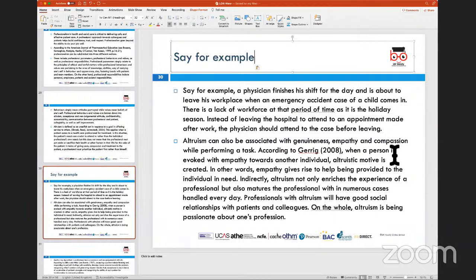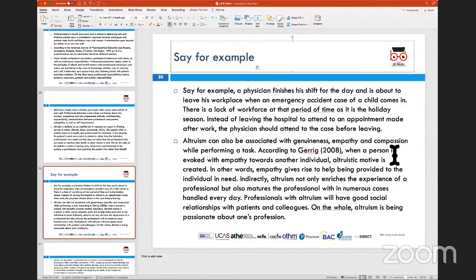Now, if you had personal appointments or personal plans, but instead of leaving the hospital, you attend to this emergency to save the life of an individual, then this is seen as professionalism, because you are committed to your work and to an unselfish act. You delay your personal commitment in order to attend to the emergency, such as a child who has been brought in after an accident, or an adult, just as an example, and that would show professionalism from the aspect of a medic or a doctor.